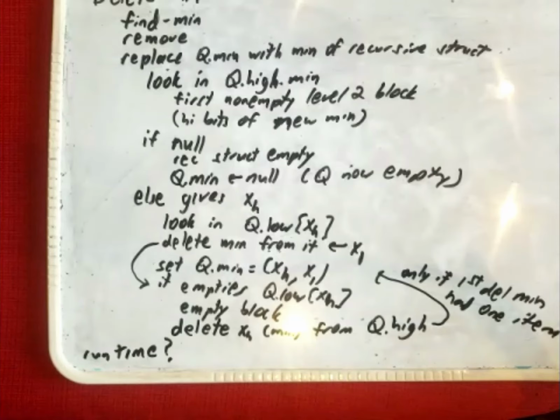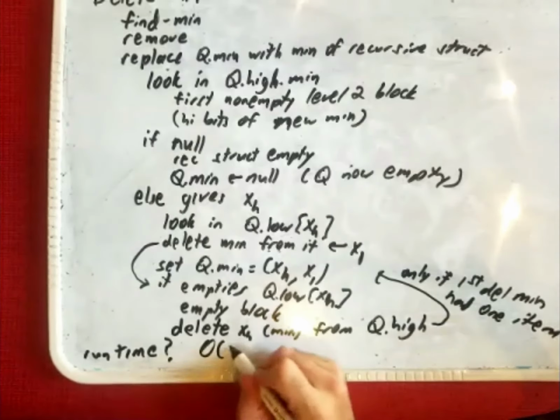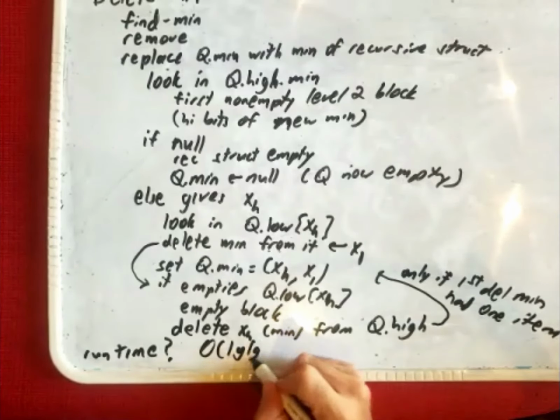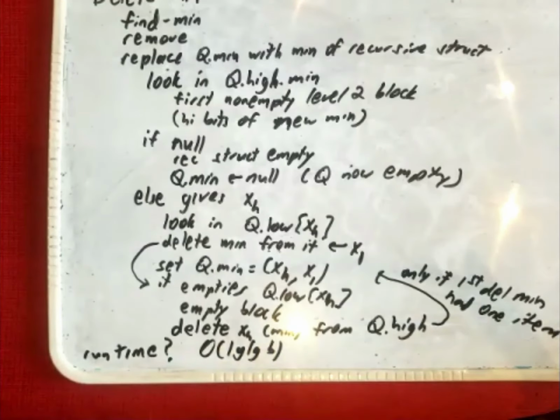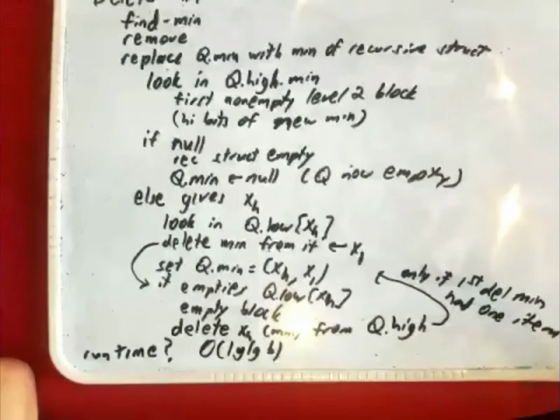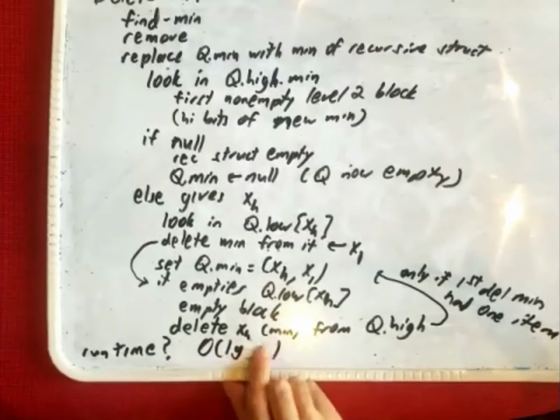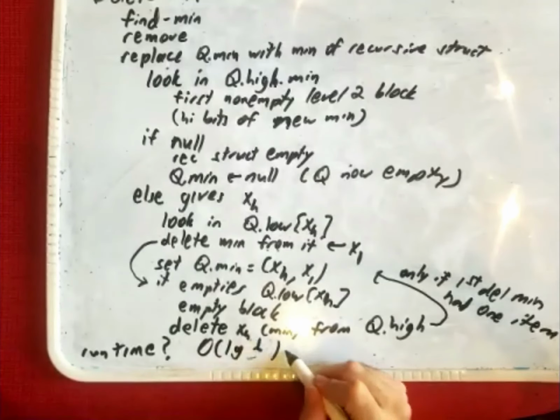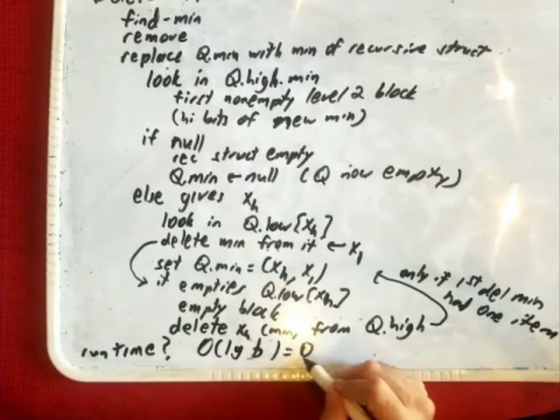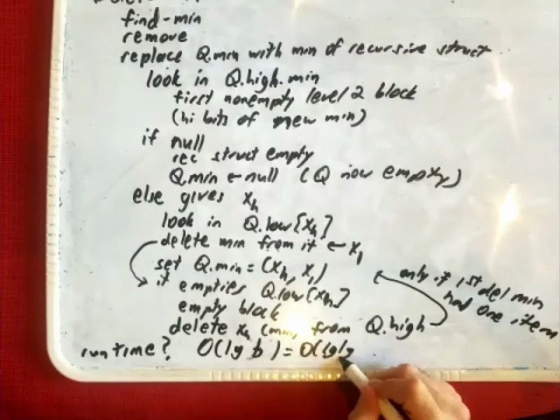So just like insert, we have an order log b runtime. Wait, it should be log c. Sorry, log c. Thank you. It's a log b runtime, which is order log c.